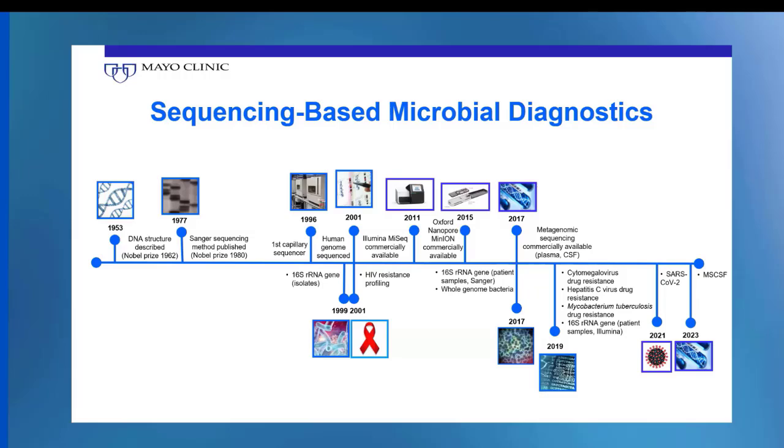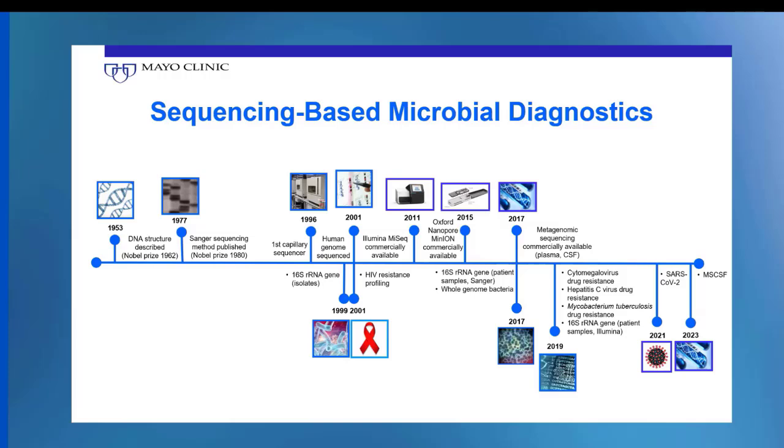Now we're using sequencing-based diagnostics to look for cytomegalovirus drug resistance, hepatitis C virus drug resistance, Mycobacterium tuberculosis drug resistance, and others. And of course, there was a huge proliferation of sequencing-based approaches to infectious diseases with the COVID-19 pandemic, where there was a lot of sequencing going on, not necessarily for individual patient diagnosis, but really to understand what was happening with the virus as it evolved and continues to do so.